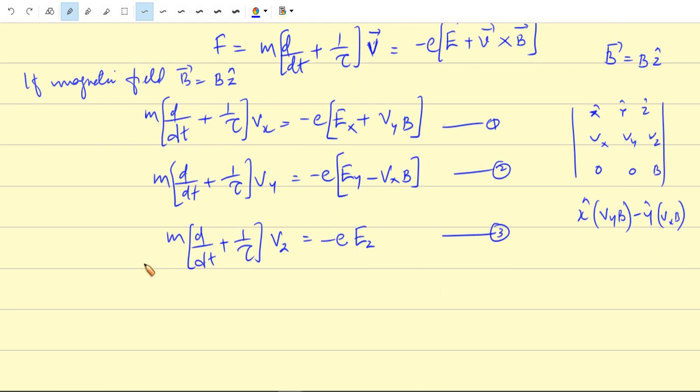Okay. Now in the steady state, that means there will be acceleration due to the field and there will be deceleration, that means decrease in velocity due to the collision. Then in the steady state, the derivative of these velocities will be 0, isn't it? Velocity becomes a constant. Okay, so d/dt of Vx will be 0.